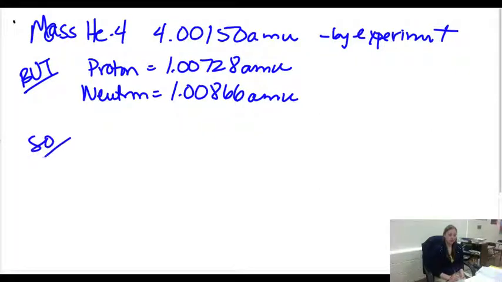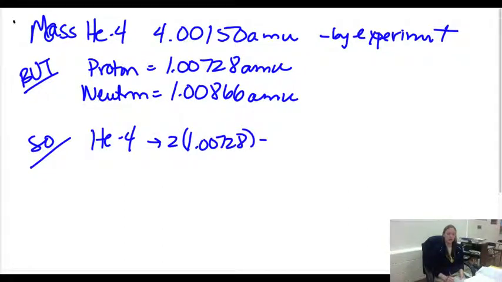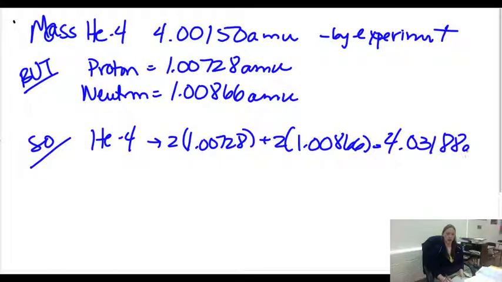So that means an He-4 should weigh 2 times the 1.00728 plus 2 times the 1.00866, which is going to be 4.03188 AMUs. So that's not the same thing.